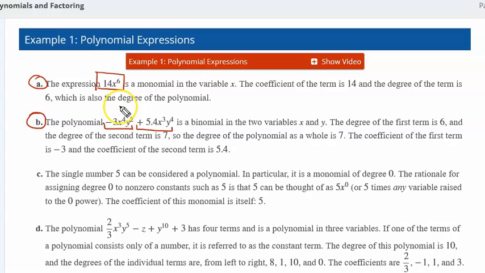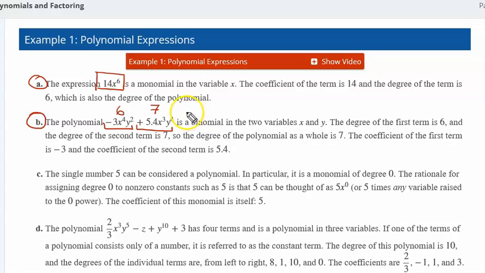So that would be 6. On the second term, again, the sum of the exponents on the variables, this would be 7. Now, the degree of an expression is the highest degree of any one term. So the degree of this binomial is 7.